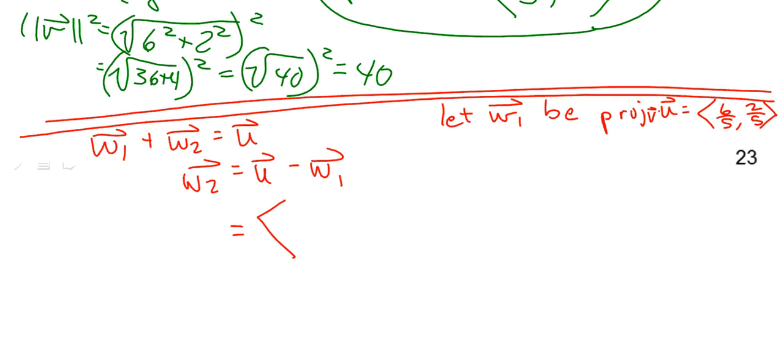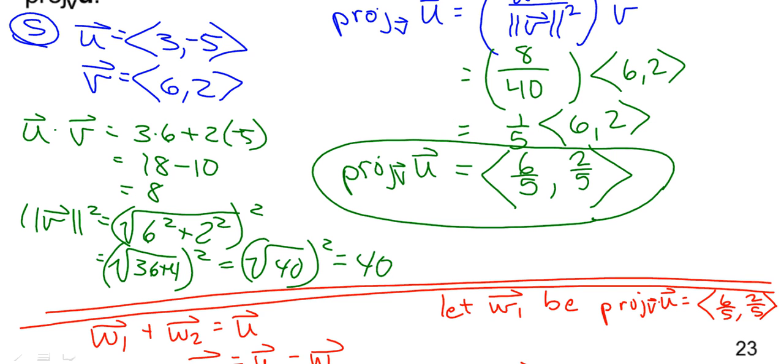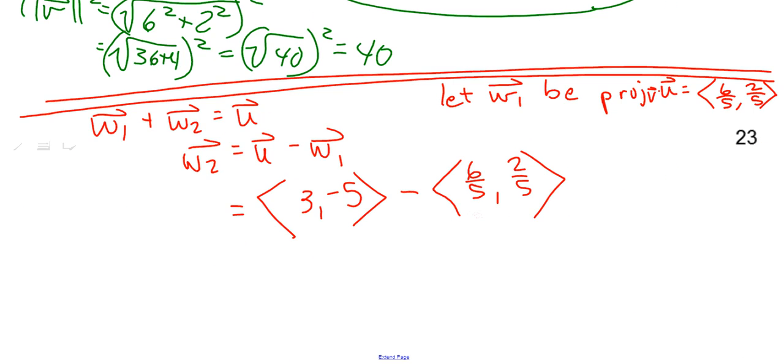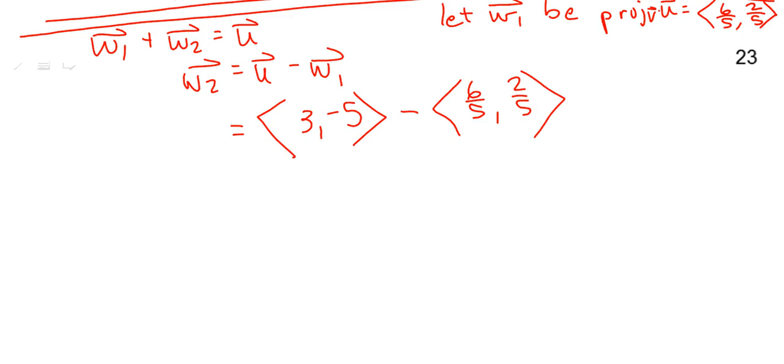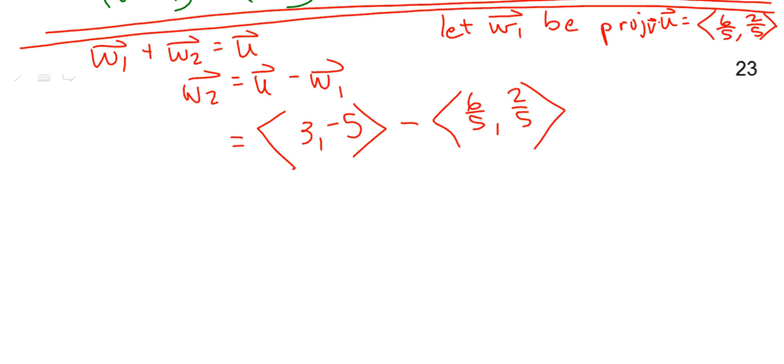What is U from up there? 3, -5. And so if we take that 3, -5 and we subtract the 6/5 and 2/5, then that'll give us W2. So we can write these two vectors that add to be U. And so really I'm just going to get a common denominator.